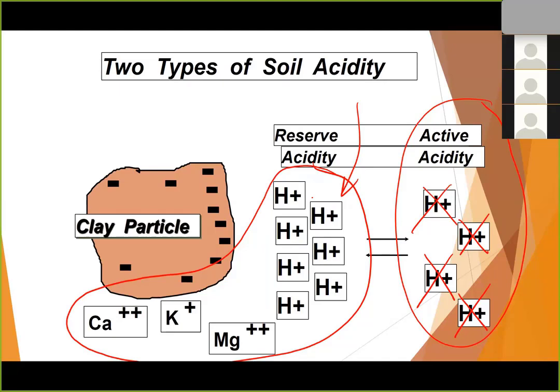Yes, the reserve will revert to the active, absolutely. So when we are trying to neutralize pH, you are not only trying to attack what is in the soil solution, but you're trying to attack what will be in the soil solution, which is that reserve acidity. Because as you take these away, there's another thing to fill its spot.